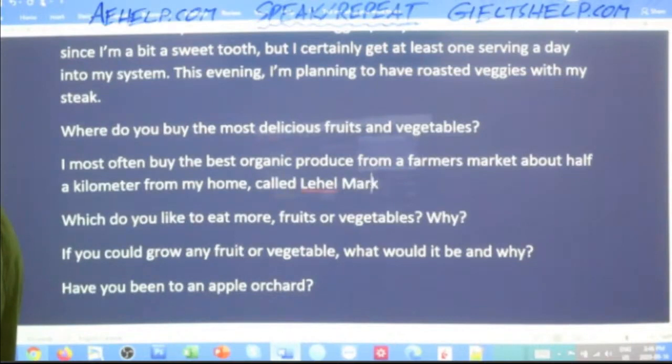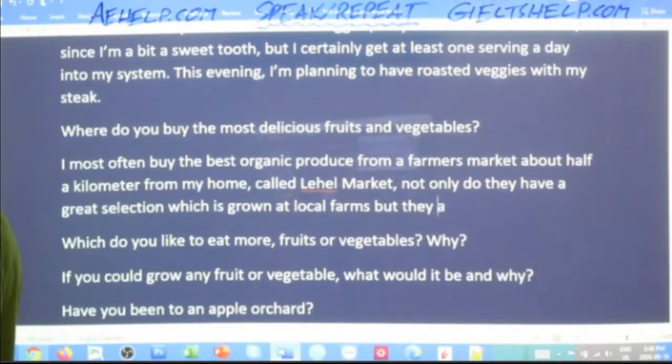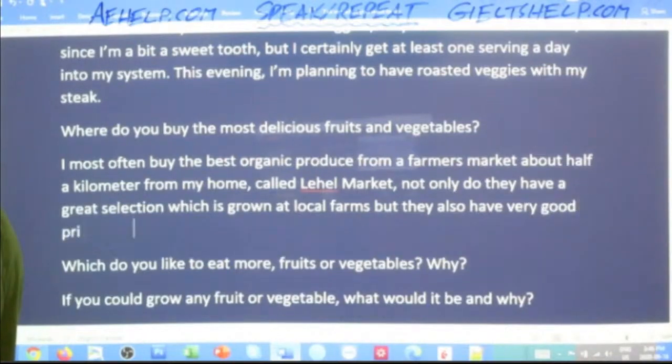It's actually true if you're ever in Budapest. Lehel Market. Not only do they have a great selection which is grown at local farms, but they also have very good prices.